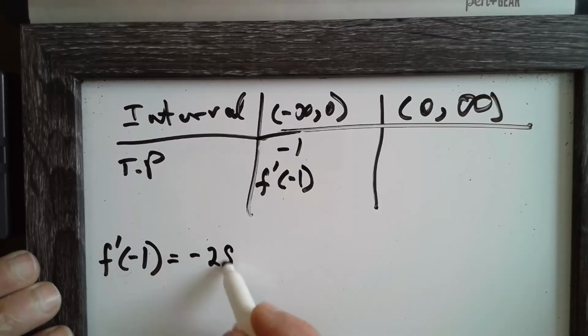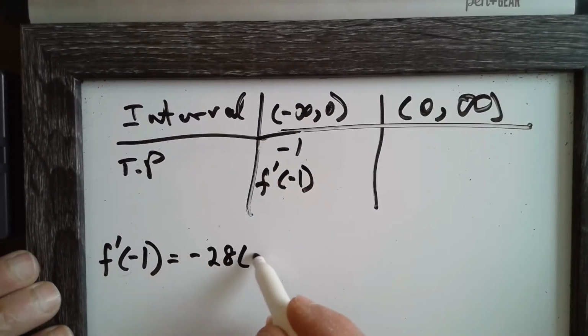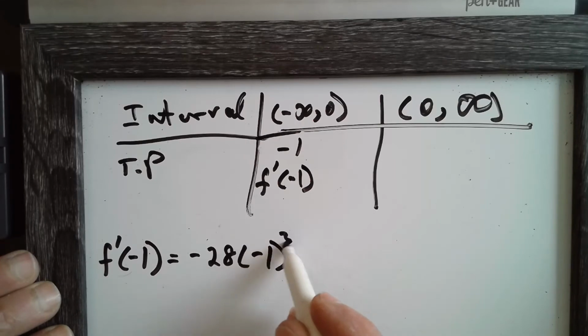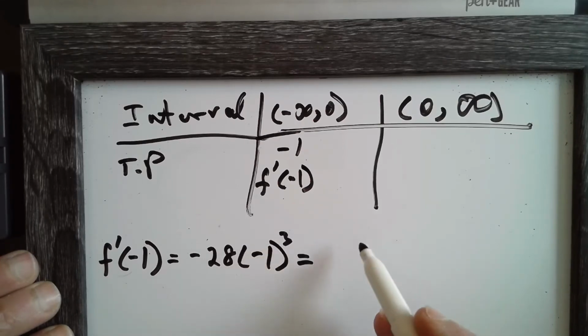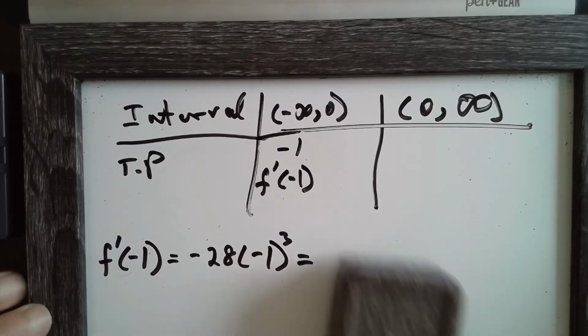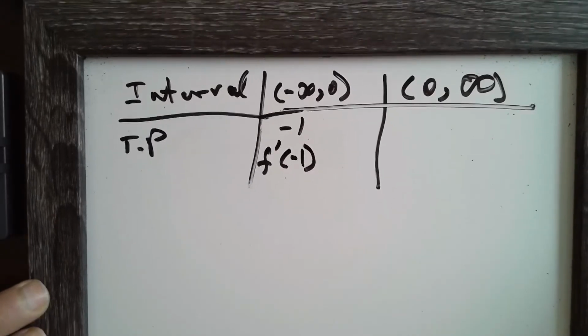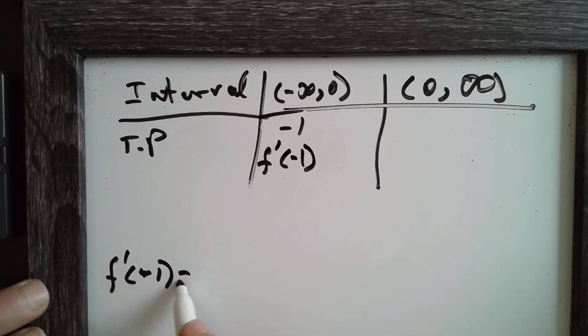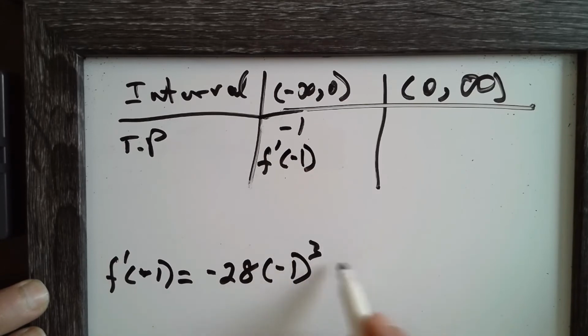negative 28, and then where x is, we put negative 1 cubed, and we get, let me lower this down so I've got enough room, negative 28 times negative 1 cubed.